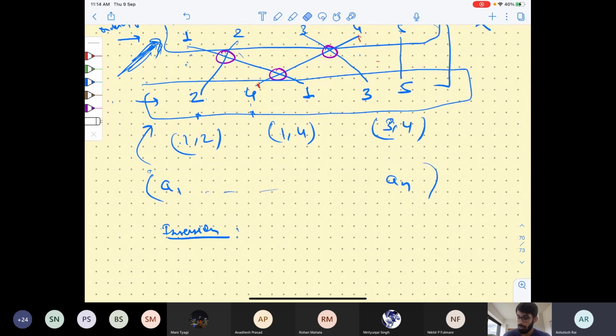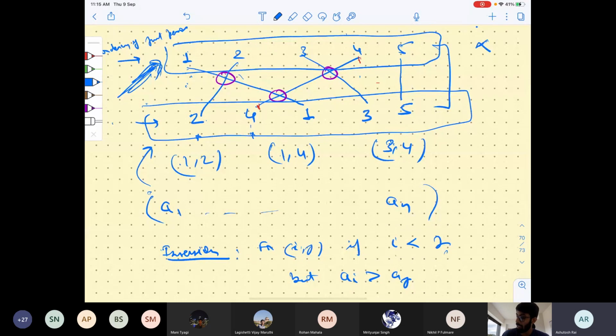So how do we write it? Ai is greater than Aj, while i is less than j. So an inversion happens for i, j if i is less than j, but Ai is greater than Aj.